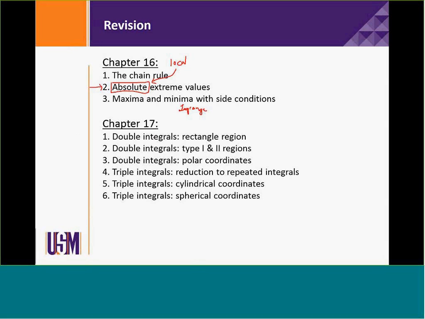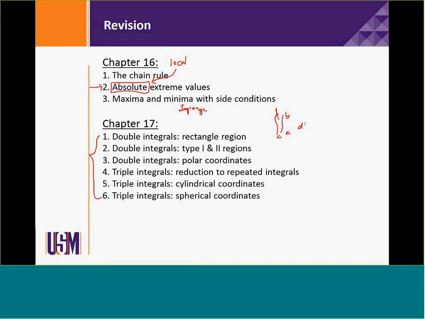The double integrals: this is the most covered. Almost 3 questions, 2 questions from the integrals. One is a double integral, the other one is a triple integral. So these two questions come from this chapter. You need to know a rectangle region means the limits of the integration are all constant, a, b, and c, d, dA.